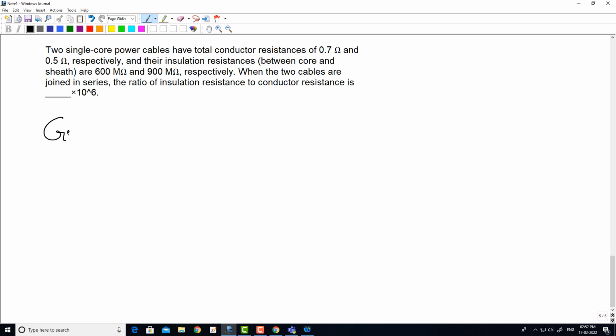Given data, what is given: two conductors are there, C1 and C2. Here the conductor resistance R1 is equal to 0.7 ohms, R2 is equal to 0.5 ohms. This is the conductor resistance, so Rc1 and Rc2.